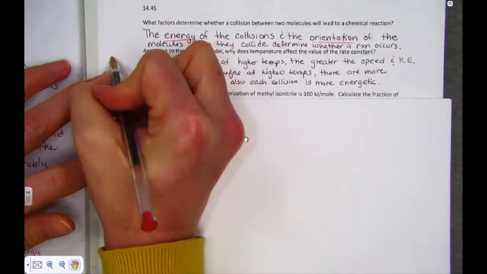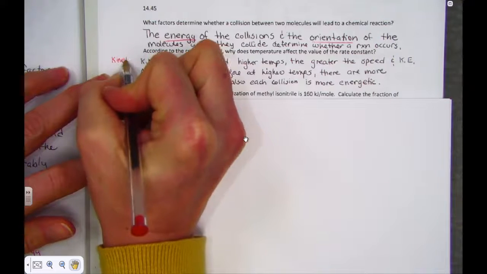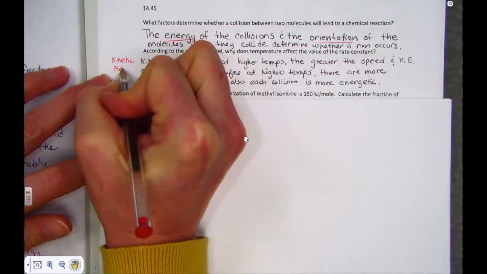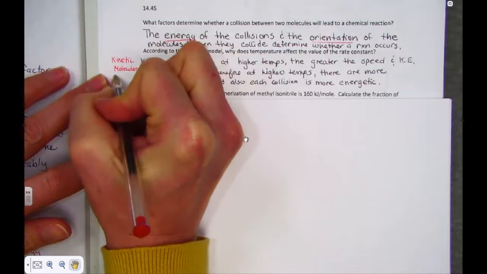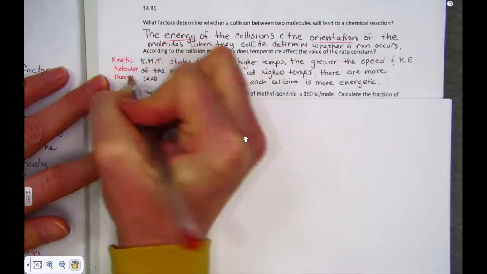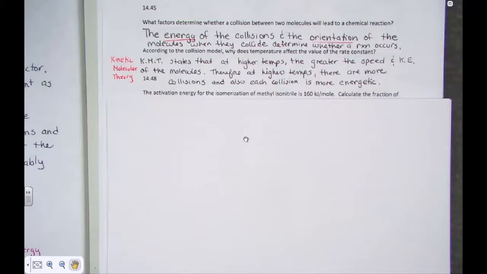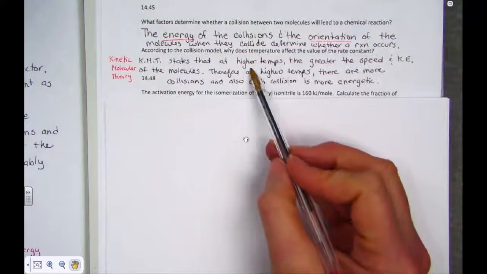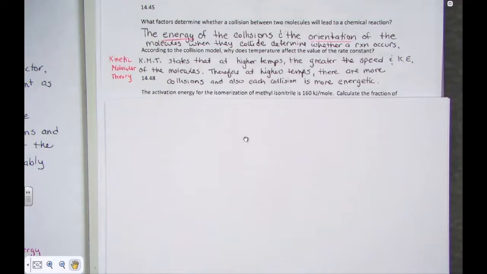KMT is just my way of shortening the kinetic molecular theory, and we studied that with gas laws. That tells us molecules are in motion. Molecules move, and if we increase their temperature, higher and higher, we're increasing their kinetic energy. We're increasing the speed or the velocity with which they move.